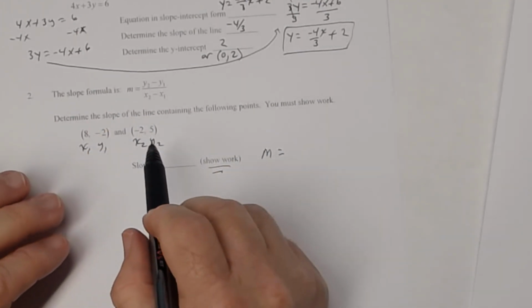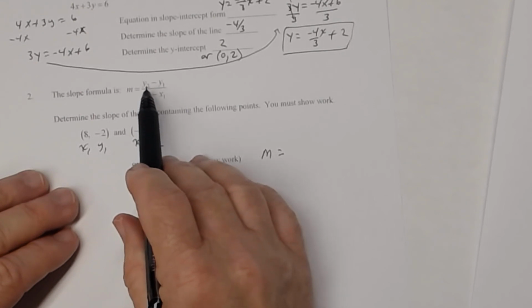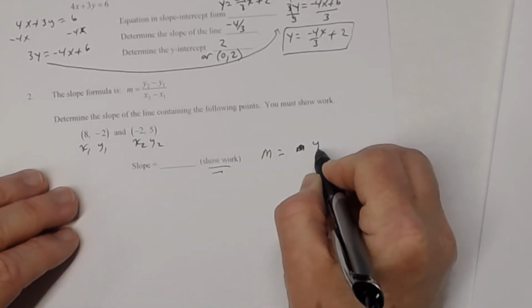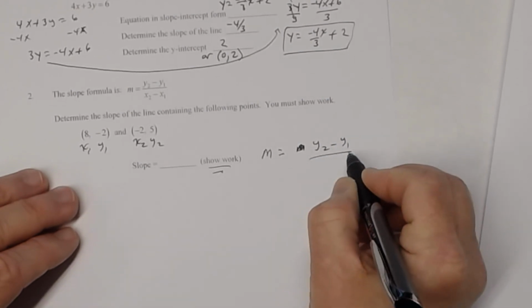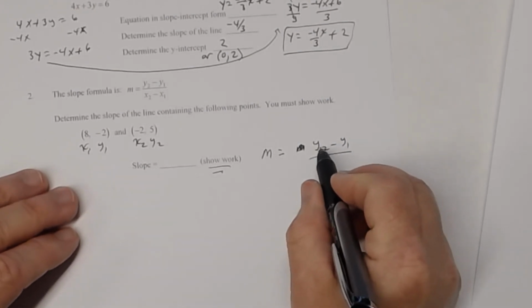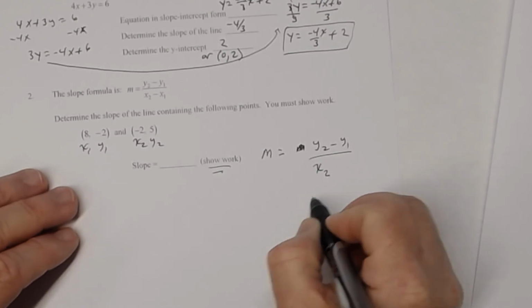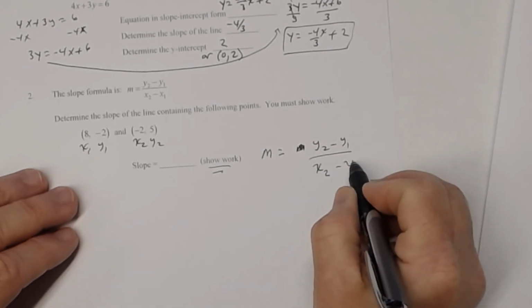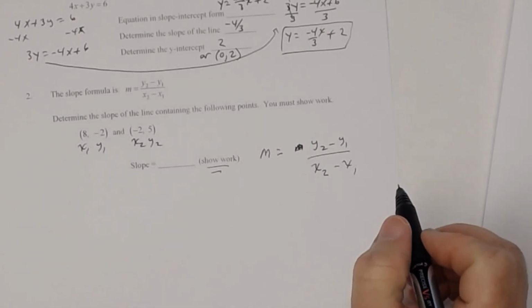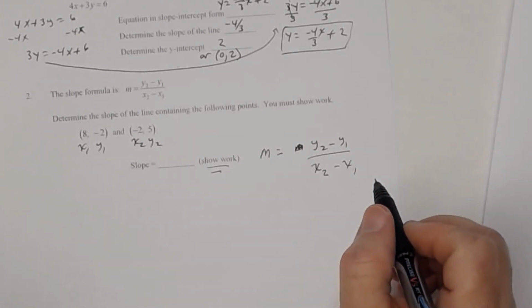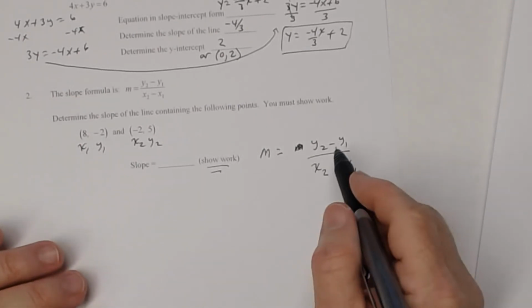If you put y2 first in the numerator, then you have to put x2 first in the denominator, otherwise you're going to get the incorrect slope, which will be opposite of what you want.